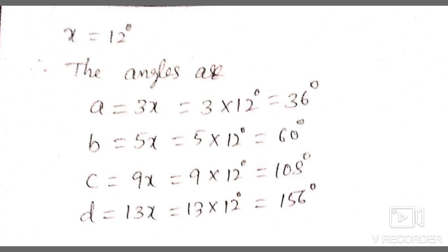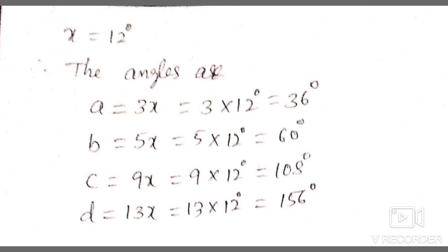Therefore we can write the angles: A is equal to 3 into x, 3 into 12 degrees, 3 twelves are 36. Angle B is equal to 5x, 5 into 12 degrees, that is equal to 60 degrees. Angle C is equal to 9 into 12, that is equal to 108 degrees.